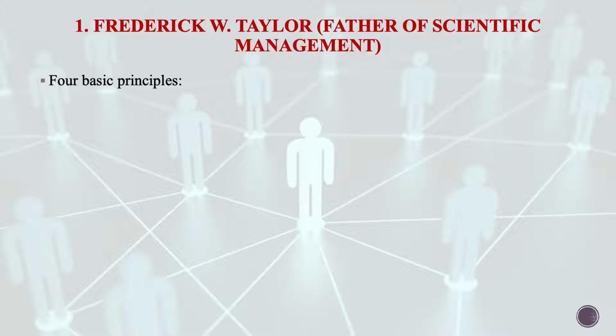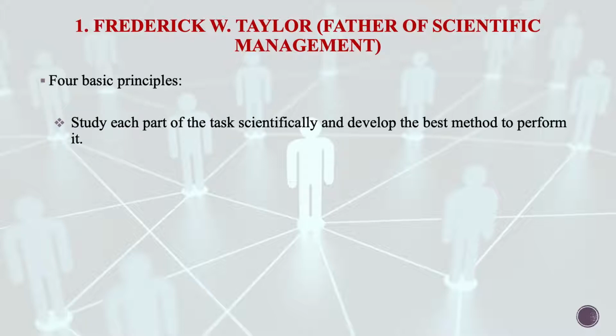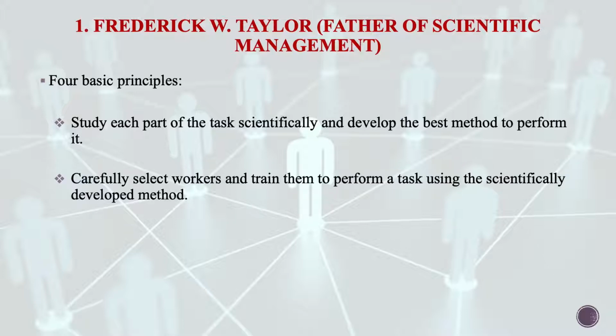According to Frederick Winslow Taylor, the father of scientific management, he has given four basic principles to the organization in terms of locating the one best possible way to do the job. The first basic principle is to study each part of the task scientifically and develop the best method to perform it. Second principle, carefully select workers and train them to perform a task using the scientifically developed method.